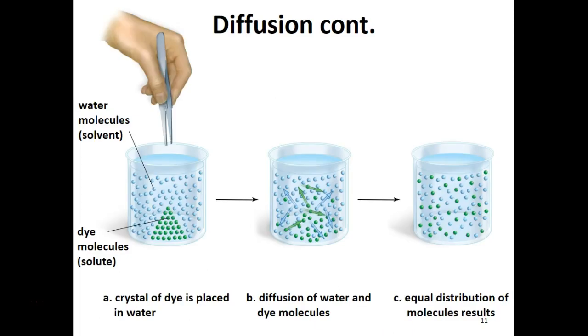I like this picture because it shows what's going on. Say you took some dye and you put it into a beaker filled with water. The dye is going to sit at one spot and it's going to slowly start to diffuse outwards. And it will continuously diffuse outwards until we have an equal distribution of water and dye ratio. Think of your Kool-Aid. I am sure that you've all either made Kool-Aid or you've seen Kool-Aid getting made.